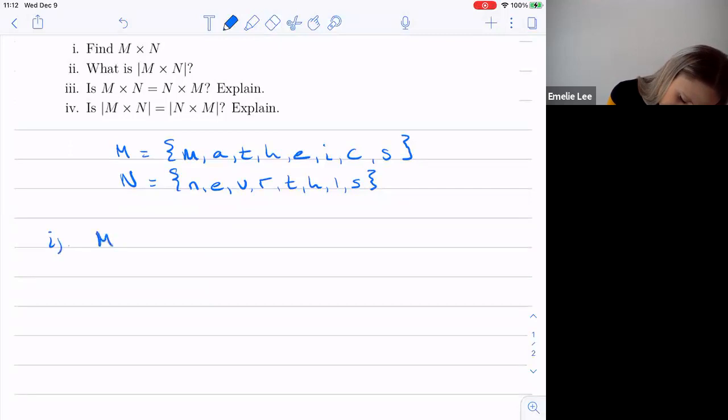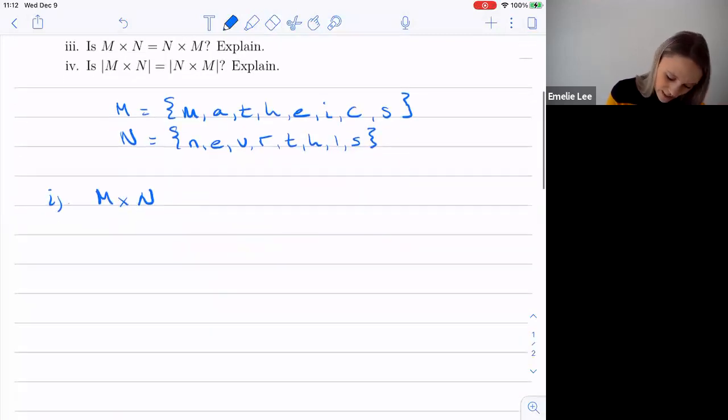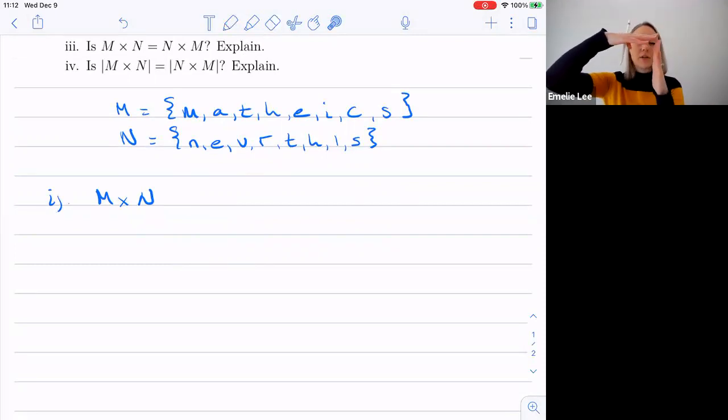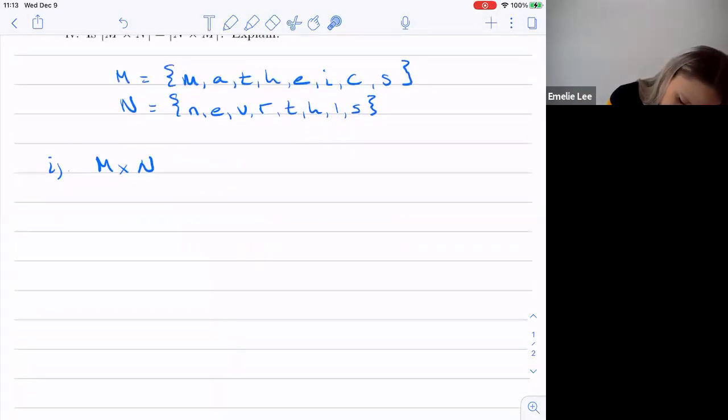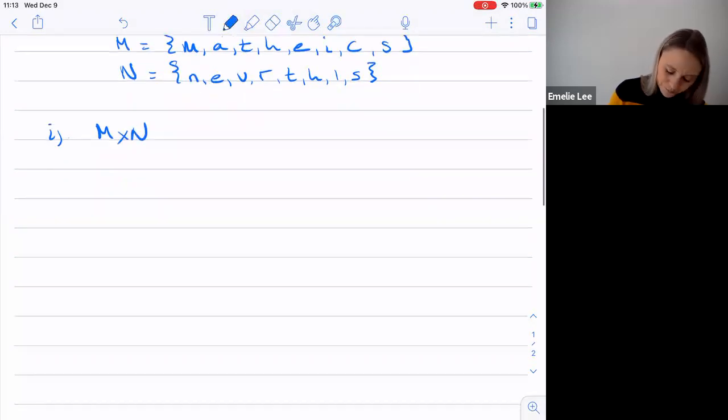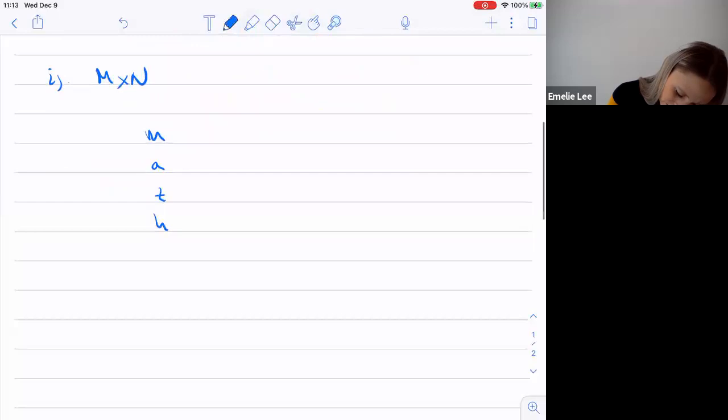So M times N, we set it up as a table, and then we have to figure out all the different combinations of M by N. So M has to be the first thing that goes in there, and N has to be the second thing that goes in there. And then we just match these up. So what we do is we have M-A-T-H-E-I-C-S.